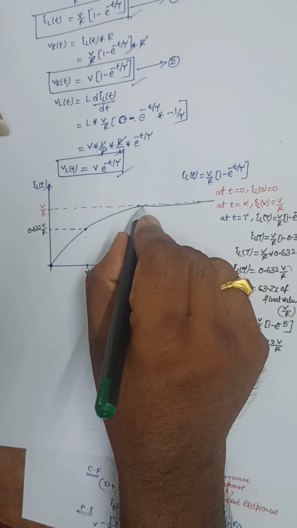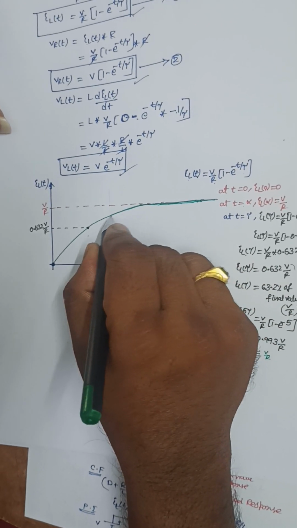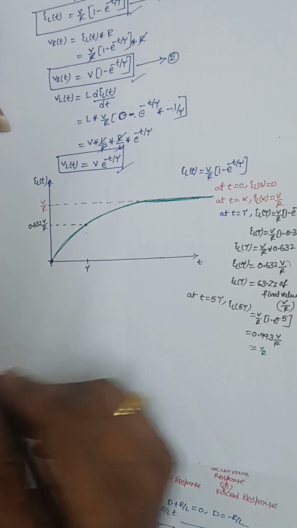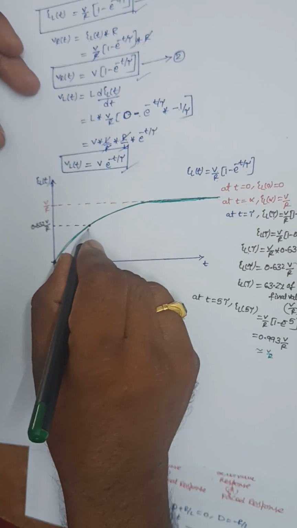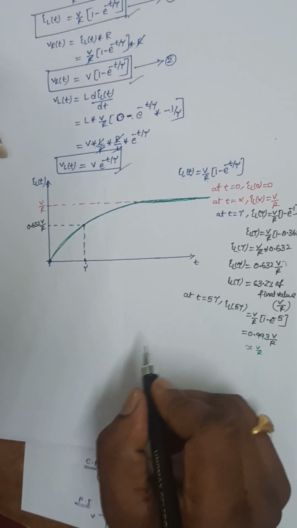So this is the graph for this current IL of t in an RL circuit, and this point is tau. This is the tau.